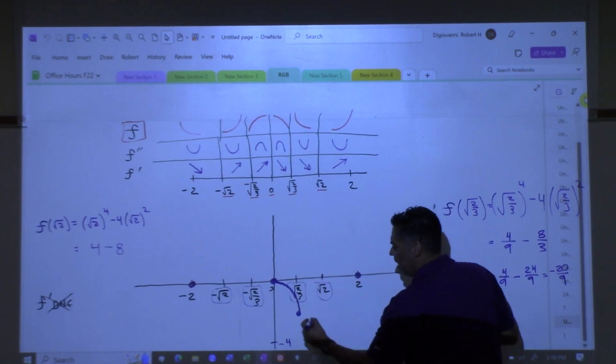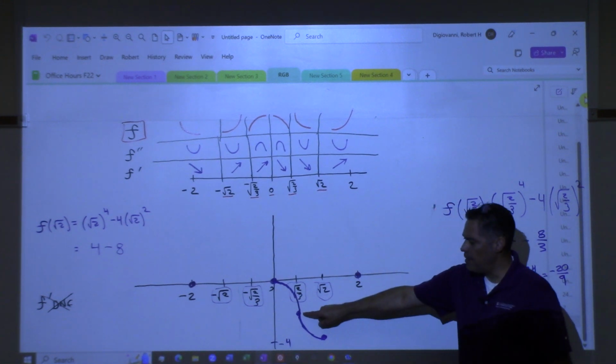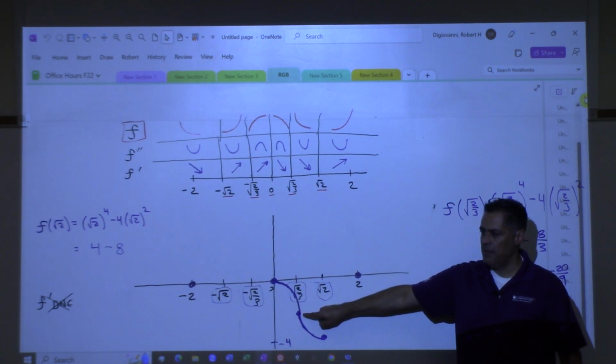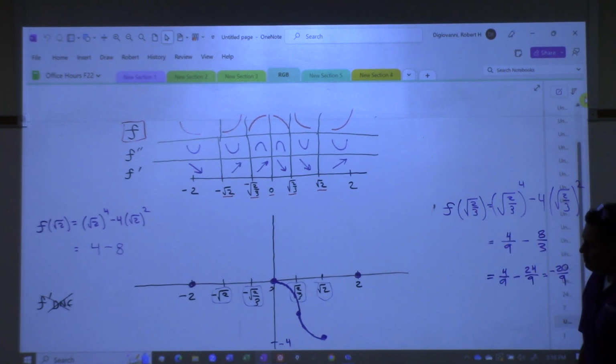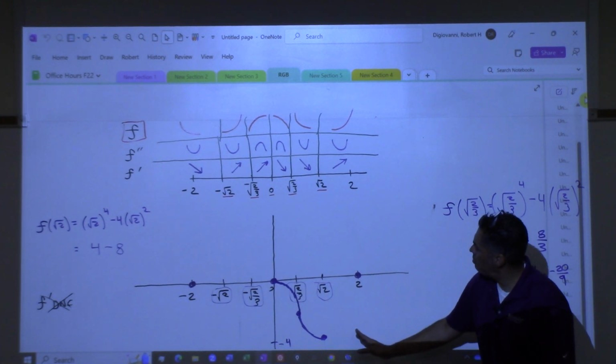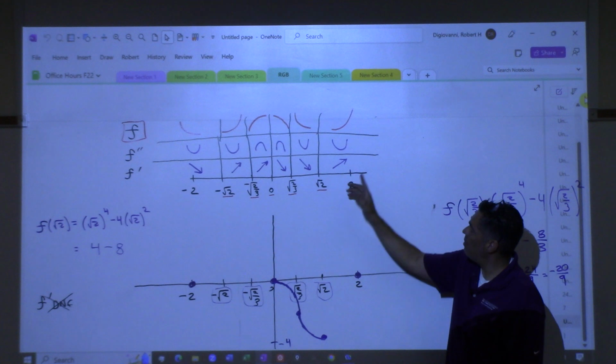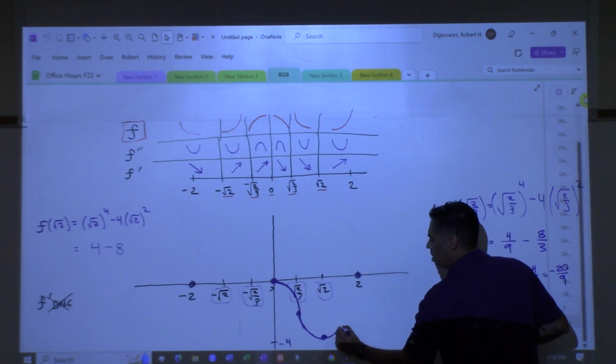Left side, concave up. It's going to look like this. See, that point is an inflection point, right? And then between these two, root 2 to 2, it looks like that, right? So it's going to go like this.